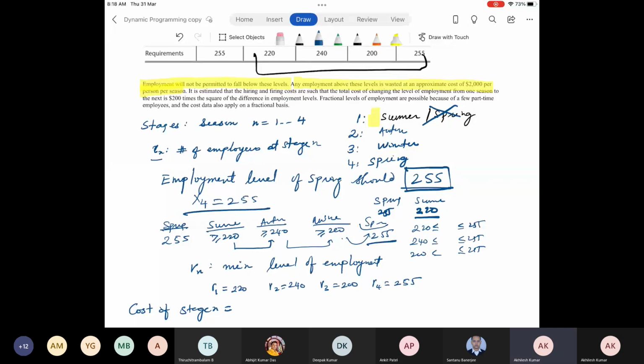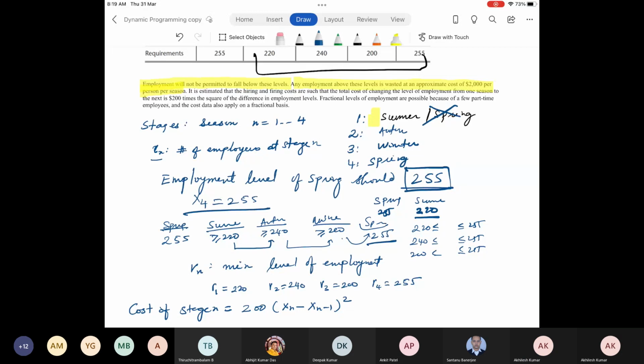Given these parameters, can you tell me the cost of stage N? I hope you can see the cost parameters written in the question. The 200 times the square of the differences in employment levels. So 200 into (Xn minus Xn-1) whole square. Is this correct?